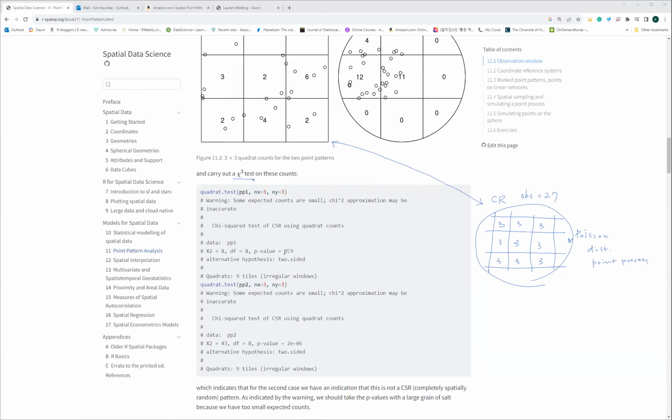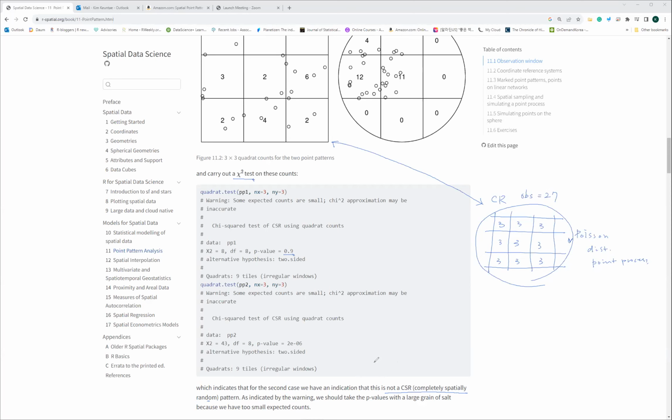The p-value is 0.09. That means it is not the same. That means it is highly unevenly distributed, so it is not a completely spatially random pattern. There is some pattern identifiable inside the actual observations.